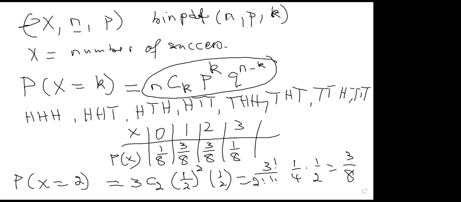P is the probability of success, in this case 0.5. And K is the number of successes, which in this case is 2. Then you find the probability and you will see 0.375, which is 3 over 8. So you can use your calculator. Or you can also go to Google on your laptop and find a binomial distribution calculator.